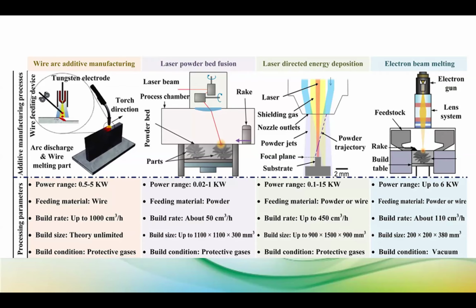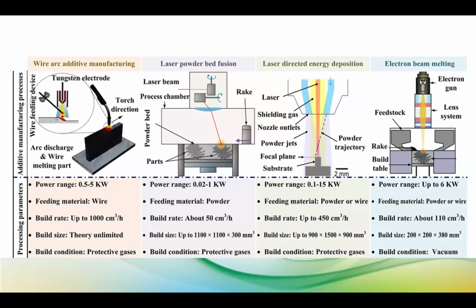This diagram shows the comparison of wire arc additive manufacturing with other compatible techniques like laser powder bed fusion, laser direct energy deposition, and electron beam melting. One major disadvantage of additive manufacturing, the whole set of processes, is the build-up rate, that is the speed at which we can create an object.